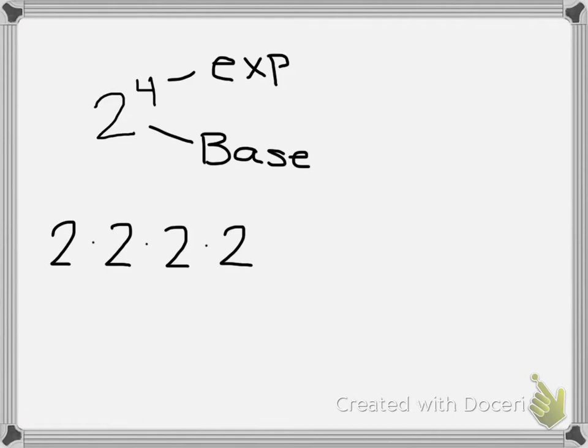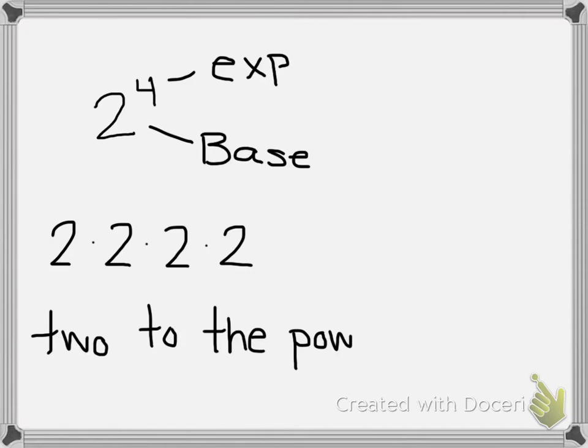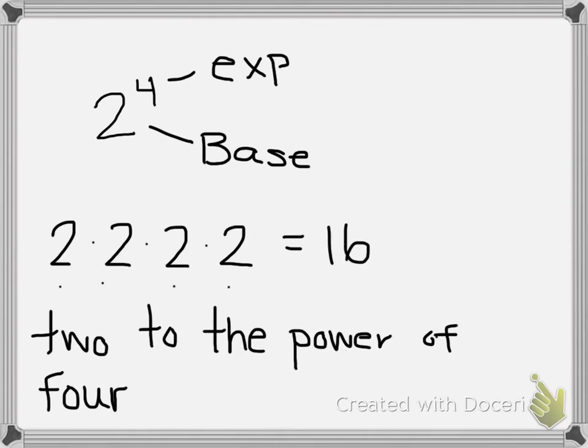This can also be written as 2 to the power of 4. 2 to the power of 4 equals: 2 times 2 is 4, times 2 is 8, times 2 is 16. So 2 to the power of 4 is telling me that my base of 2 is being multiplied 4 times. I can say it as 2 to the power of 4, and it equals 16.